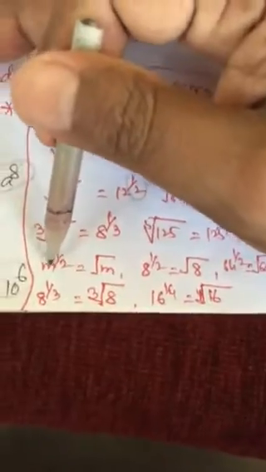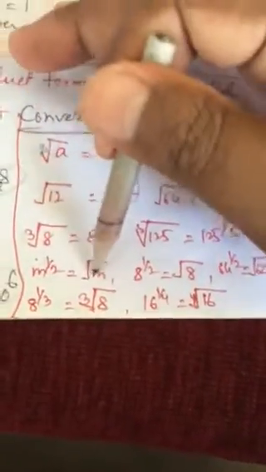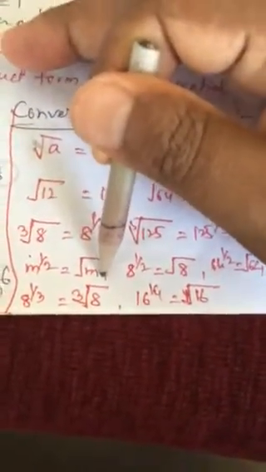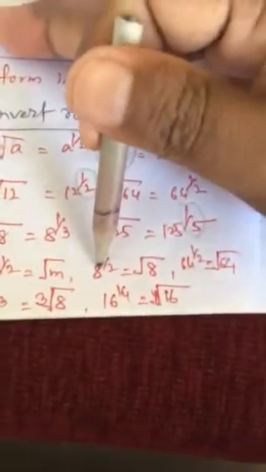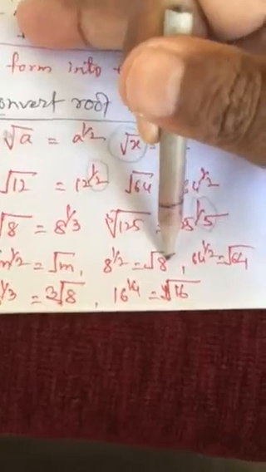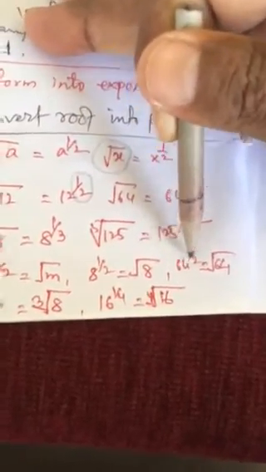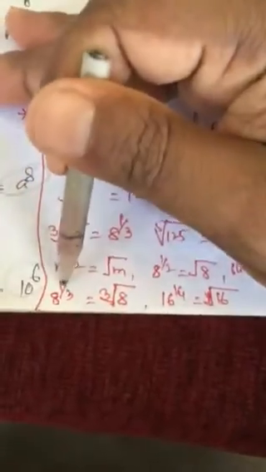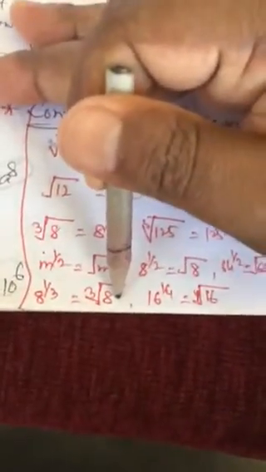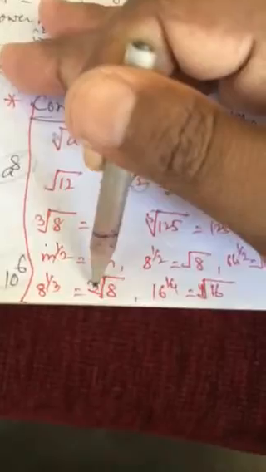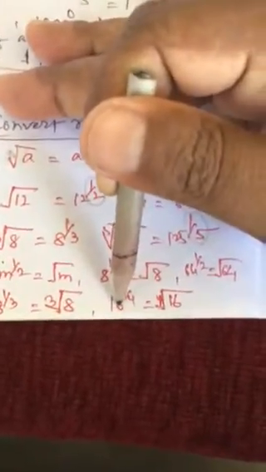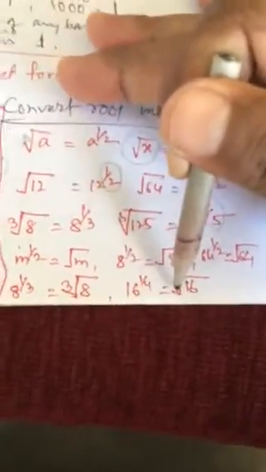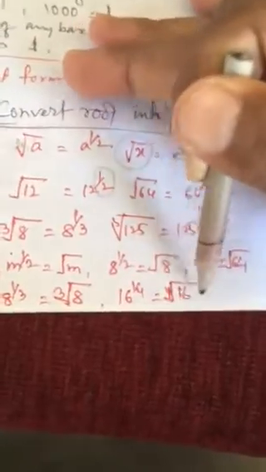Okay, here you see m to the power half is square root m. 8 to the power half is square root 8. 64 to the power half is square root 64. 8 to the power 1 by 3 means cube root 8. 16 to the power 1 by 4 means 4th root of 16.